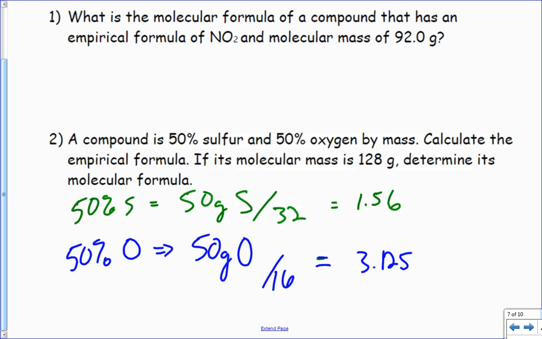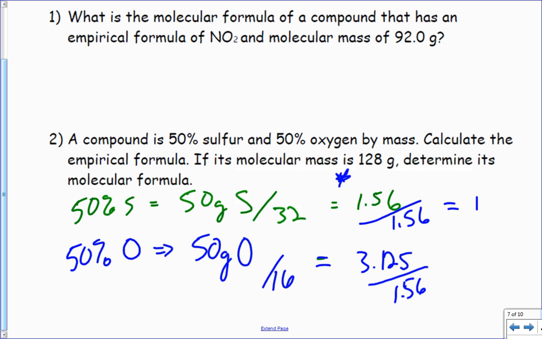Then basically this next step, I can divide these two numbers by each other, but the easiest way is to get the lower number to 1. What I do is divide both by the lowest number. That's going to ensure that this number goes to 1.